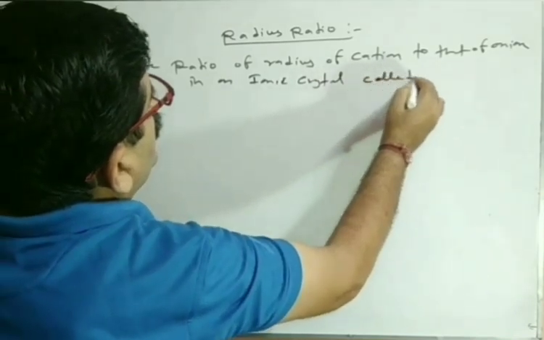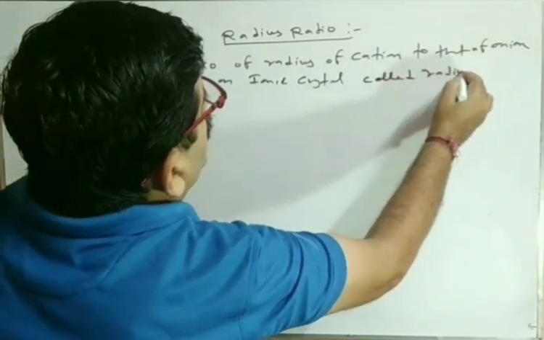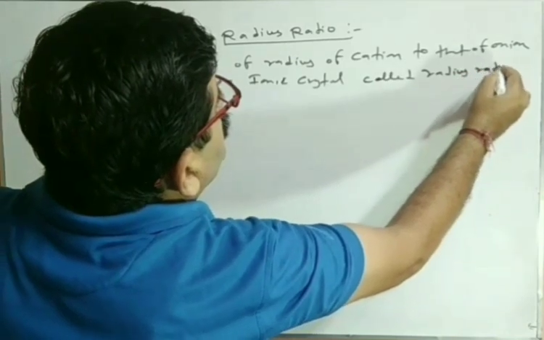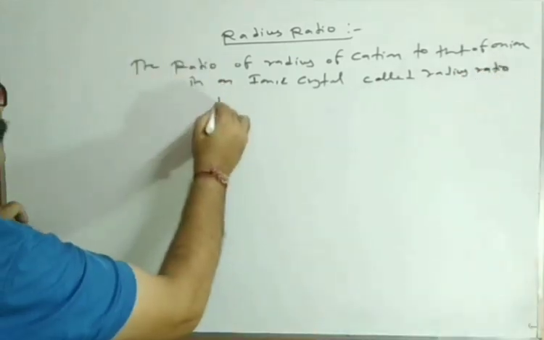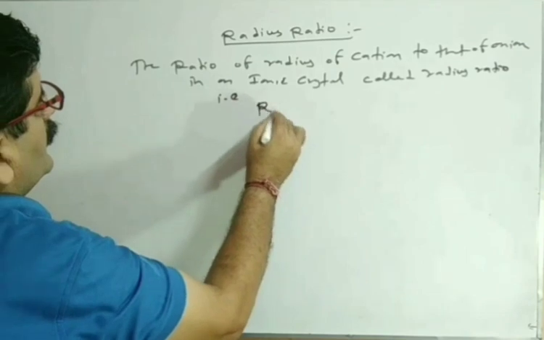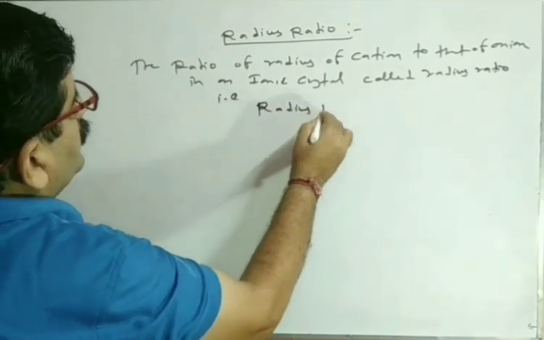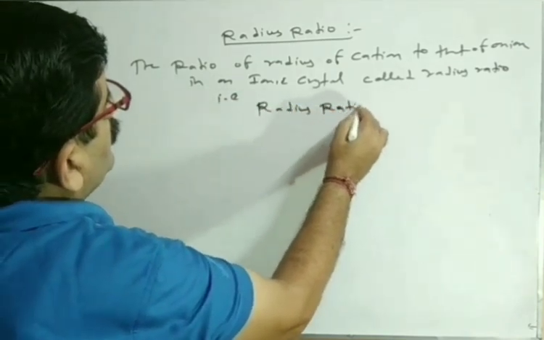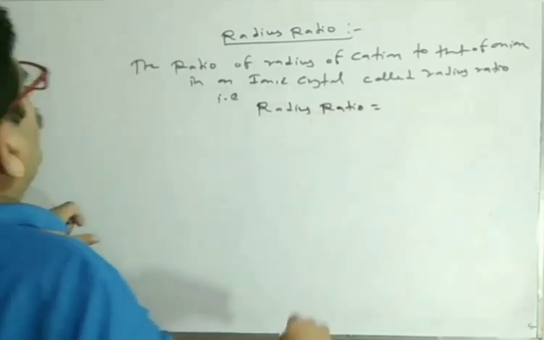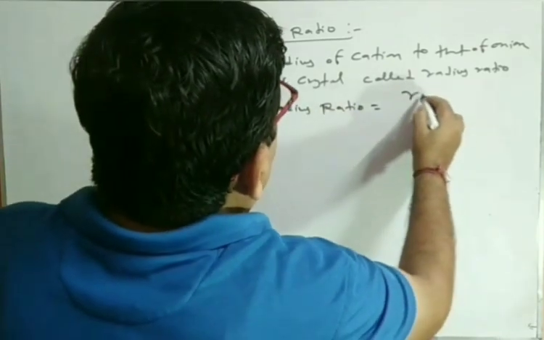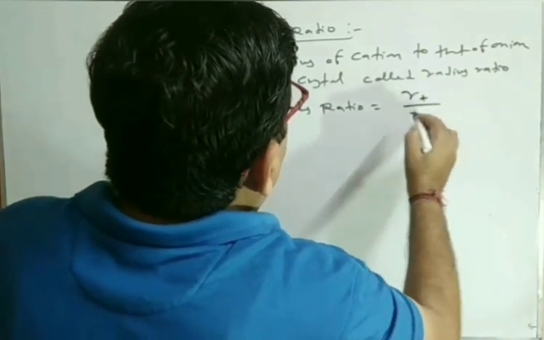called radius ratio. That is, radius ratio is equal to what? We can write r plus by r minus.